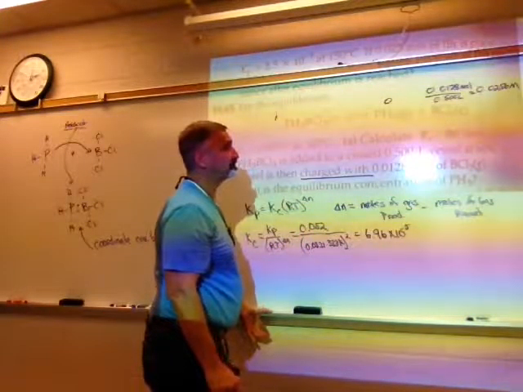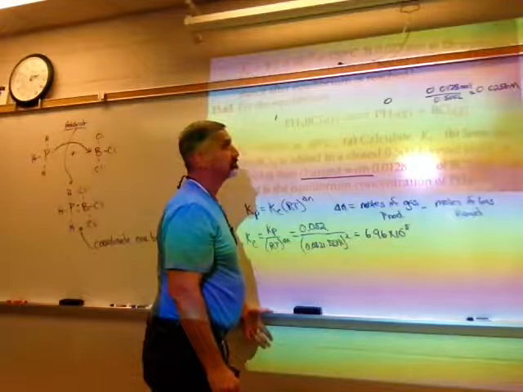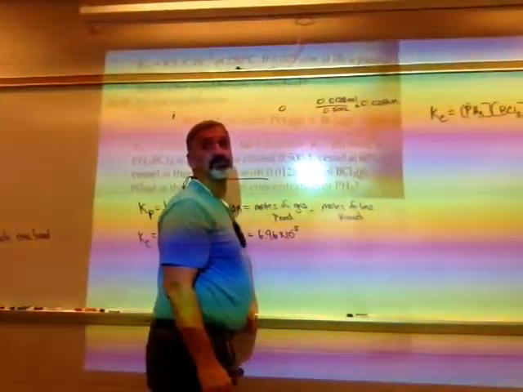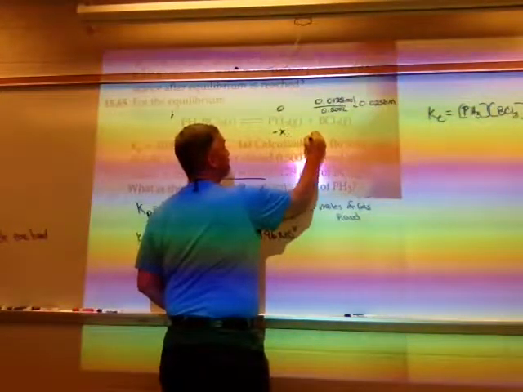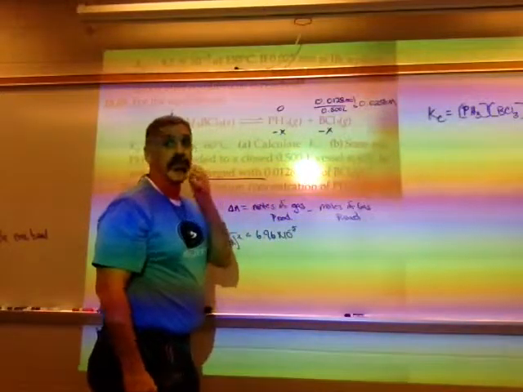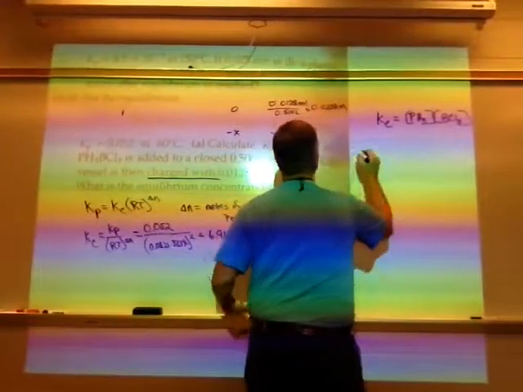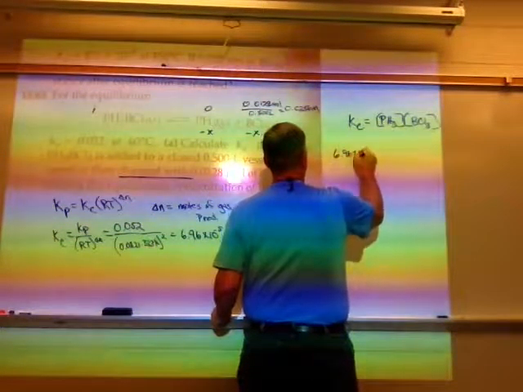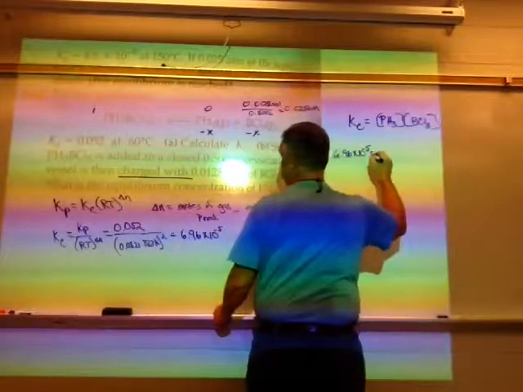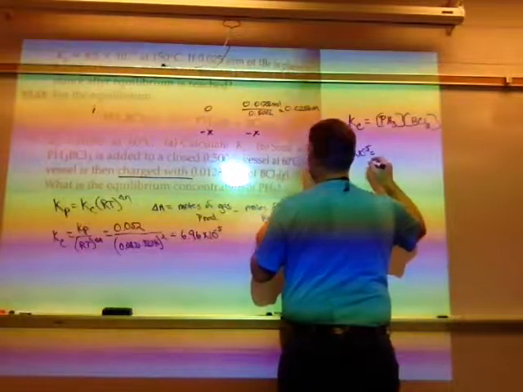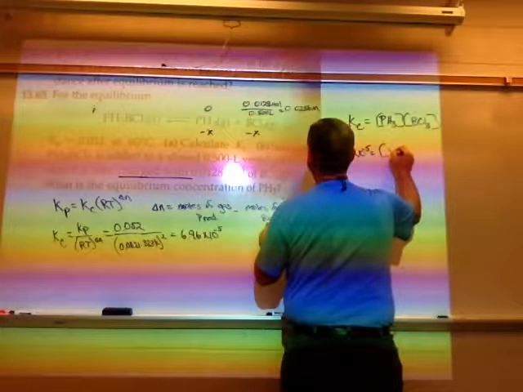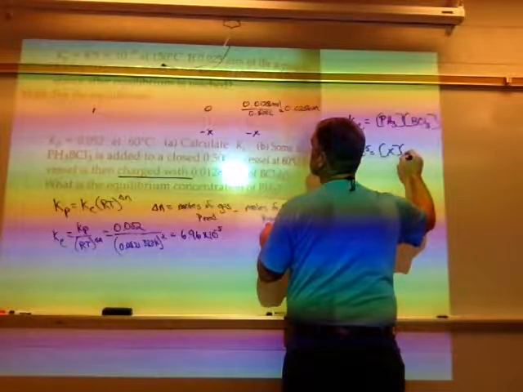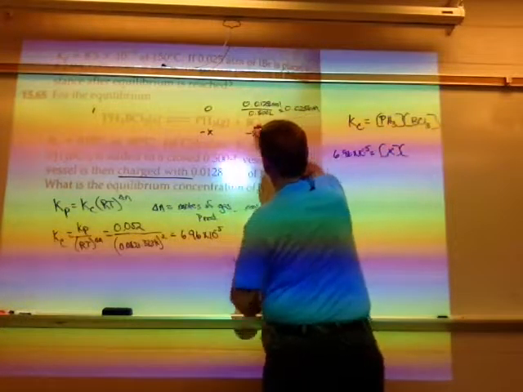So what's the change going to be of this? It's going to be minus x, right? So, Kc is what do we figure it out to be? 6.96 times 10 to the minus 5 is equal to x times, well, actually, it's going to be plus x, sorry.